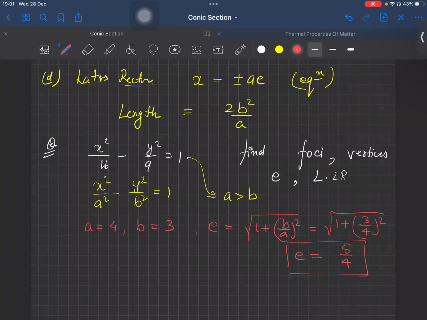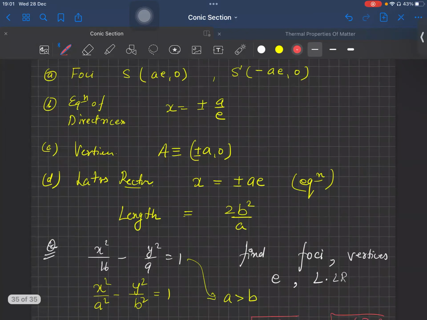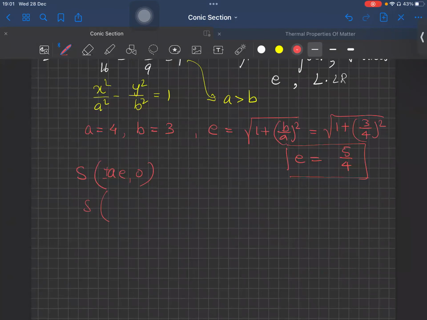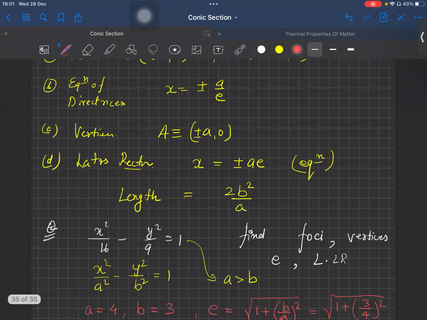Now the foci are given by (ae, 0), (minus ae, 0), so plus or minus ae comma 0. That is plus or minus 4 into 5 by 4, comma 0. So the foci are plus or minus 5 comma 0.